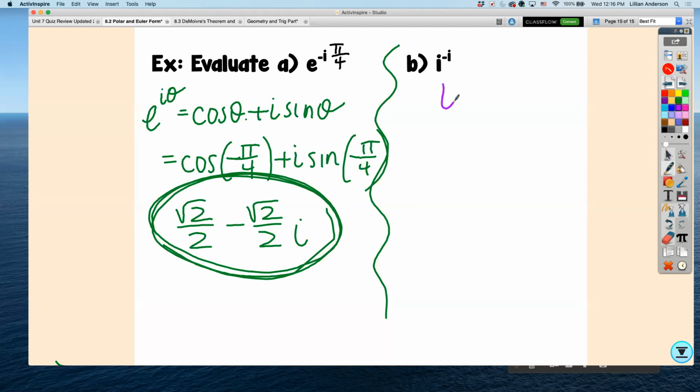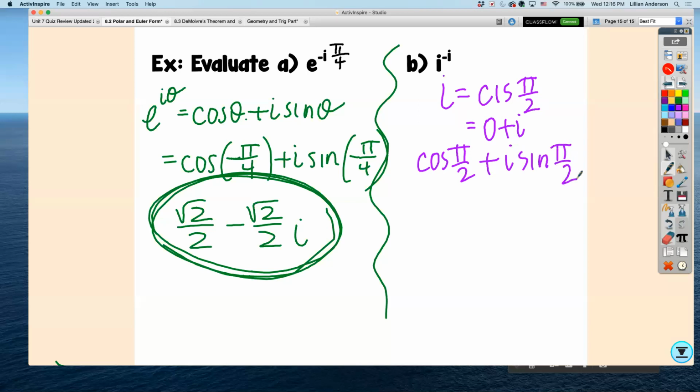Because i is equivalent to what? i is essentially cis pi over 2, aka 0 plus i, if you look at it as the full imaginary number. And so this can be the cosine of pi over 2 plus i sine of pi over 2.